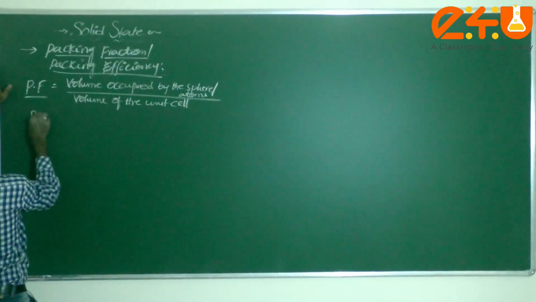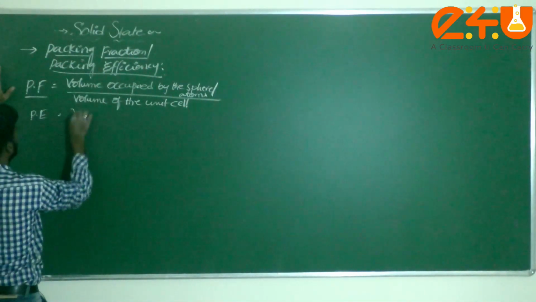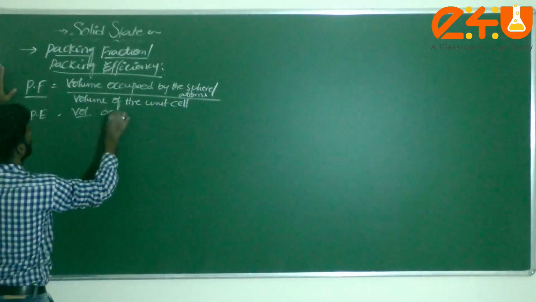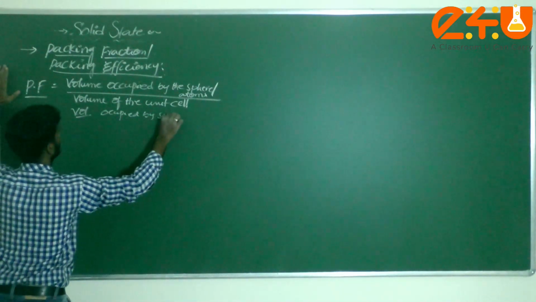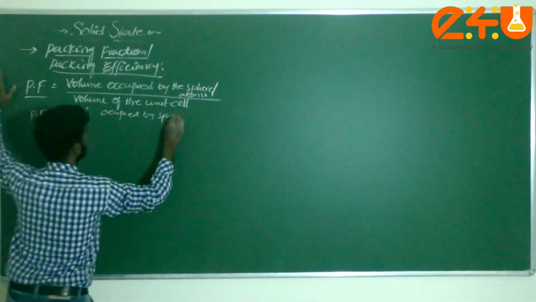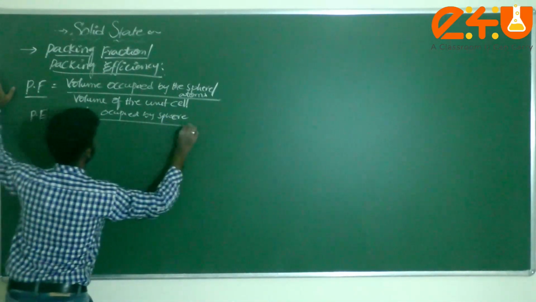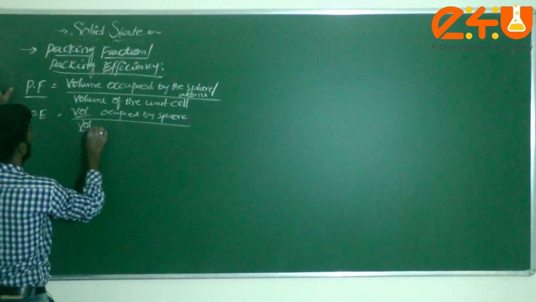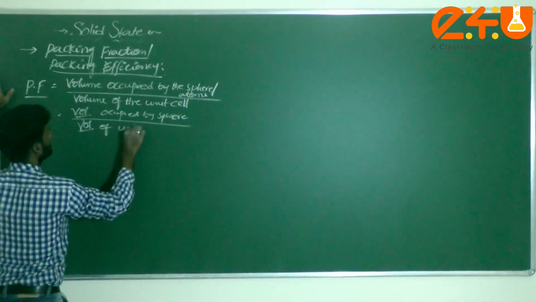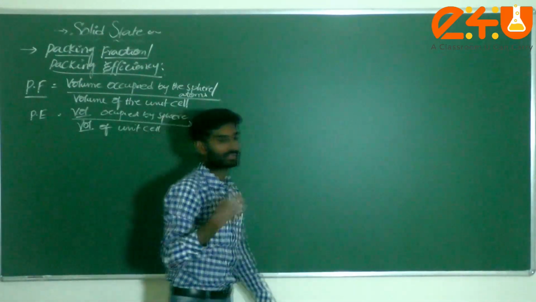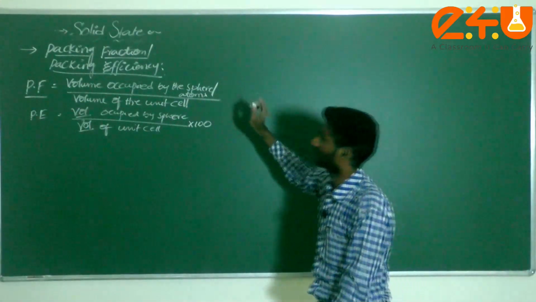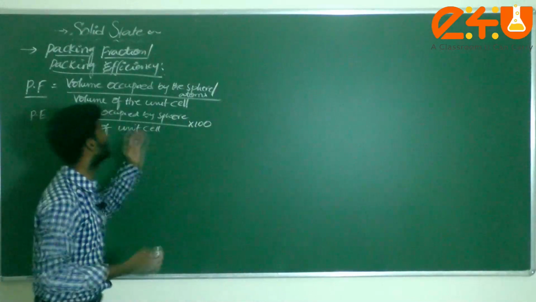If you take packing efficiency, it is the volume occupied by the spheres divided by the volume of the unit cell, into 100. This is packing fraction, and if you multiply by 100, then efficiency will come.